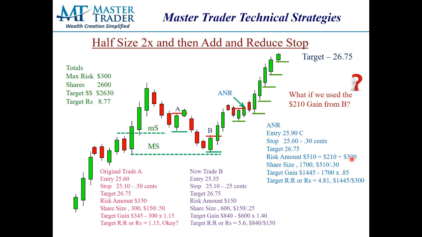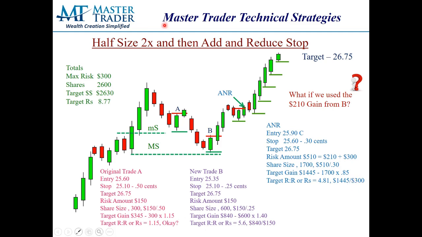I'm going to add that to a $510 risk, which would allow me to add 1,700 shares, $1,445.85 on my 1,700 shares, and my reward to risk, or R's, would be 4.81, making $1,445 on my $300.